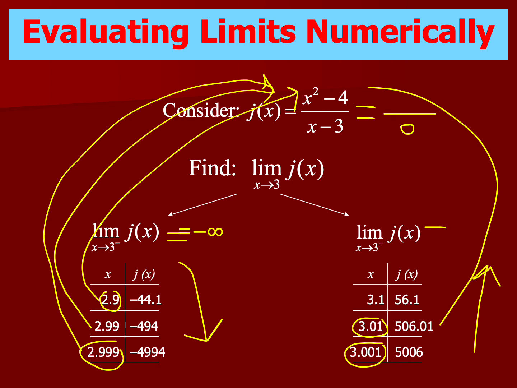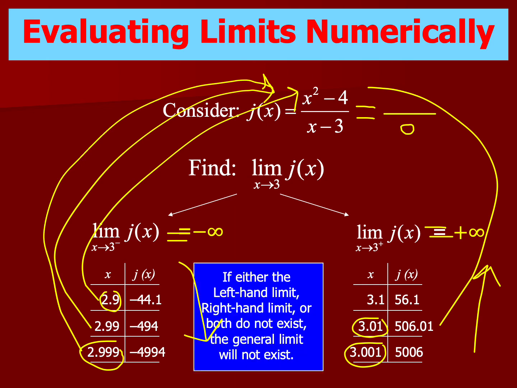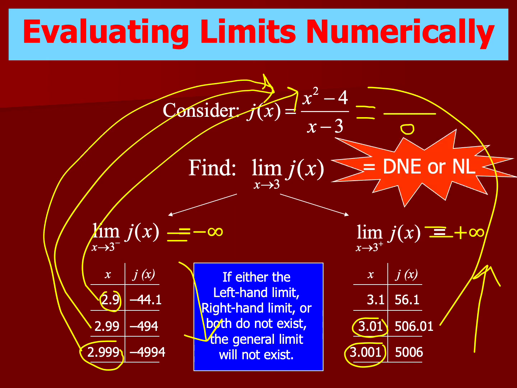That means the limit when x approaches 3 from the right is plus infinity. So both sides are infinity and minus infinity. They are not equal. So we can conclude that the limit does not exist, because both minus infinity and plus infinity are not numbers, so the general limit does not exist.